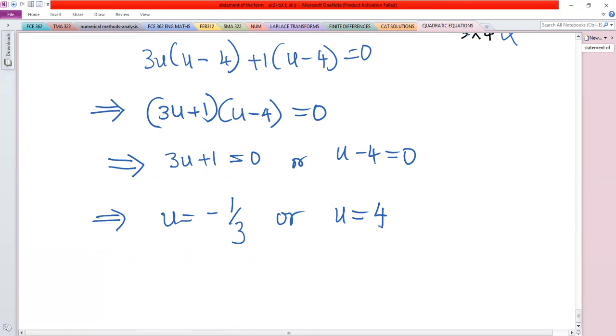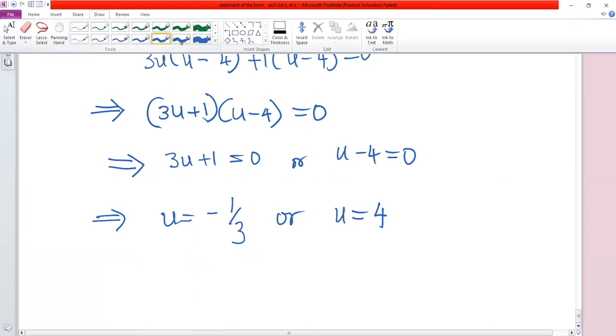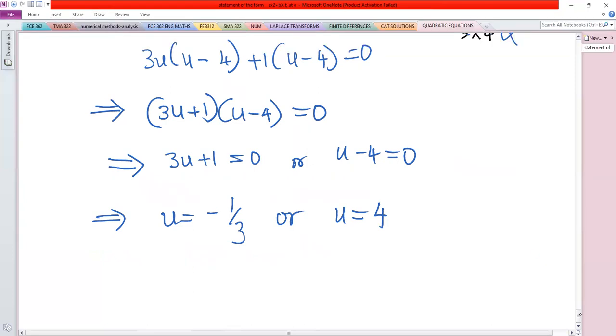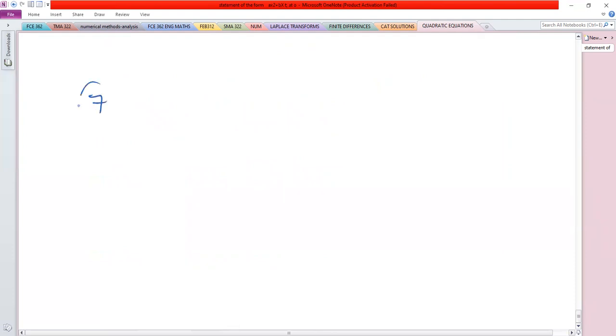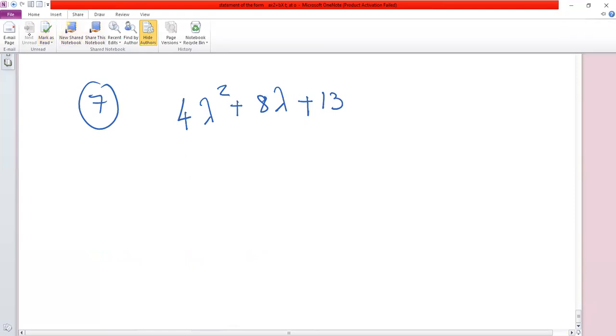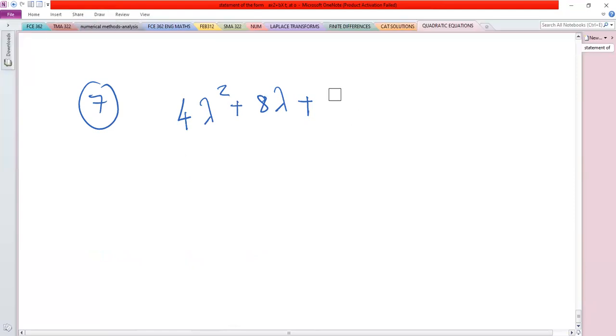So those are the solutions to that given quadratic equation. And lastly, in this session, number 7, we have 4 lambda squared plus 8 lambda plus 3 equals 0.